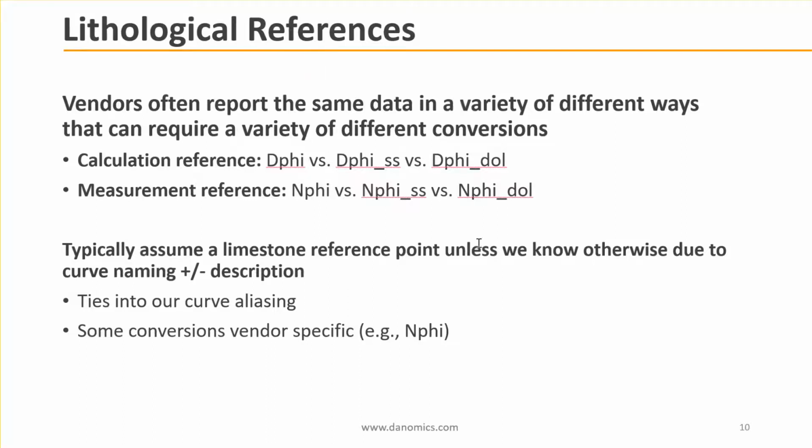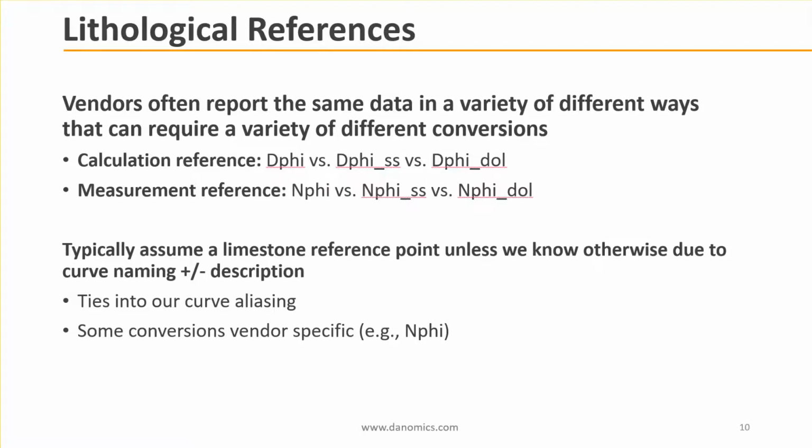And the best way for us to know how this was measured is really by trying to understand the curve mnemonics and making sure that we had those looped in. So this all starts to tie in together. Not only is it just a neutron curve, but also is it a neutron that was logged in sandstone units, a neutron that was logged in dolomite units, etc. So we need to make sure that we understand that, and then we've built the right level of granularity into our data table.